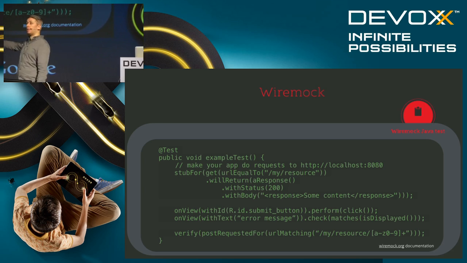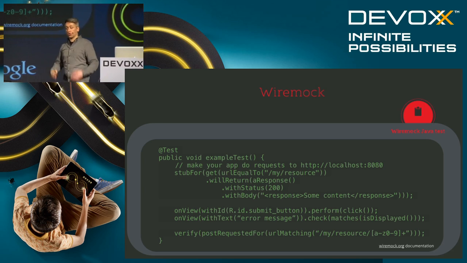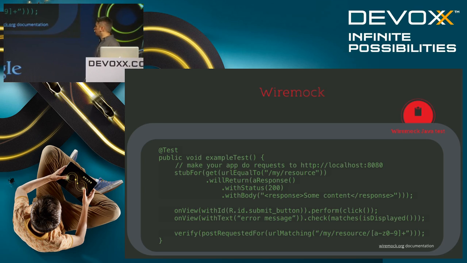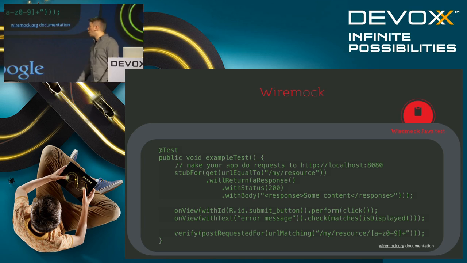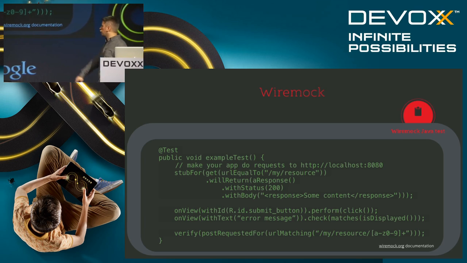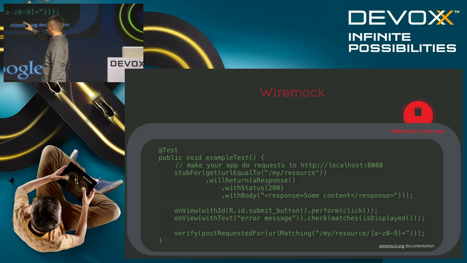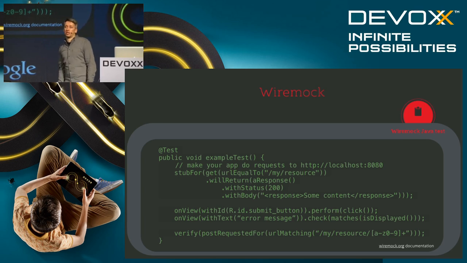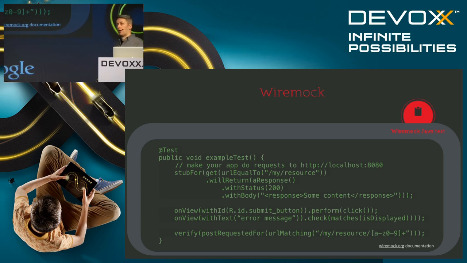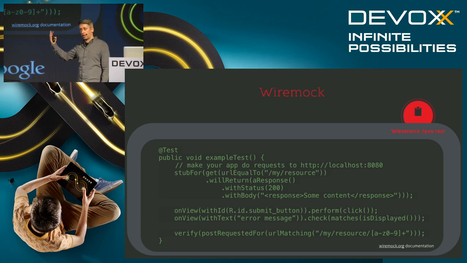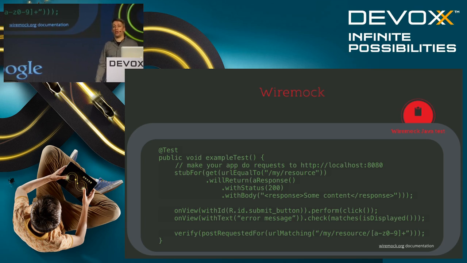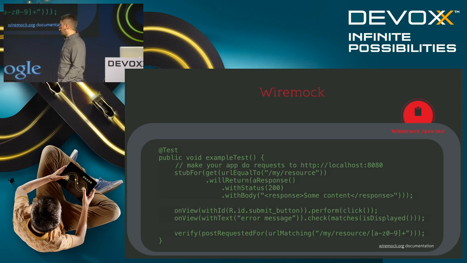It should call my API. It should do something with the response. And after that, I want to take a look, and maybe something went wrong. I gave a bad input, and then I would be able to say, on a view with a text error message, check that this one is displayed. This is all very readable, and now I have an HTTP server really spinning up, running, serving my responses, in a very nice and easy and readable way.